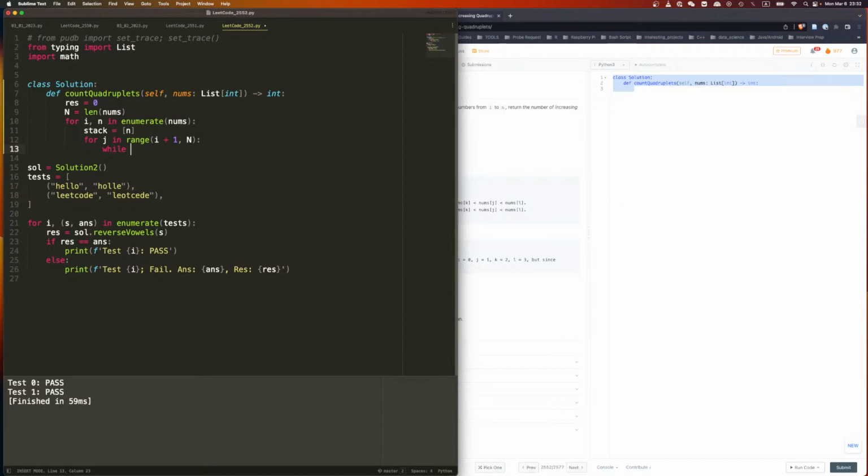An increasing subsequence. We want to find an increasing subsequence. But there will be so many. There will be so many increasing subsequences.